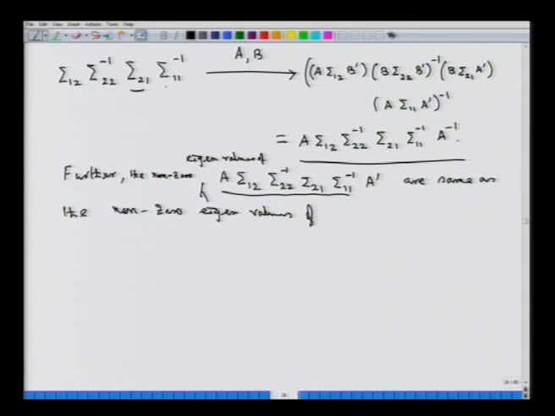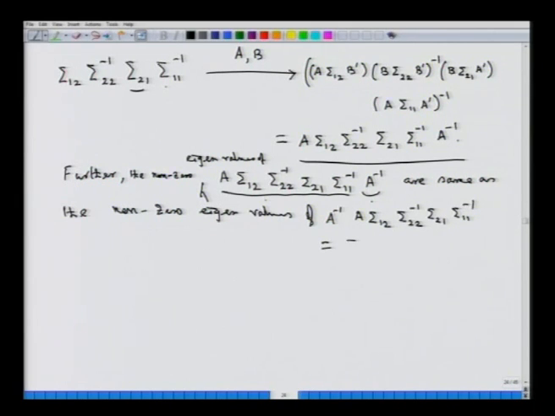So, this is a transpose here. So, the non-zero eigenvalues of this matrix times this matrix are going to be the same as the non-zero eigenvalues of this matrix multiplied by this matrix. So, non-zero eigenvalues of this are going to be the same as the non-zero eigenvalues of sigma 1 2 sigma 2 2 inverse sigma 2 1 sigma 1 1 inverse.